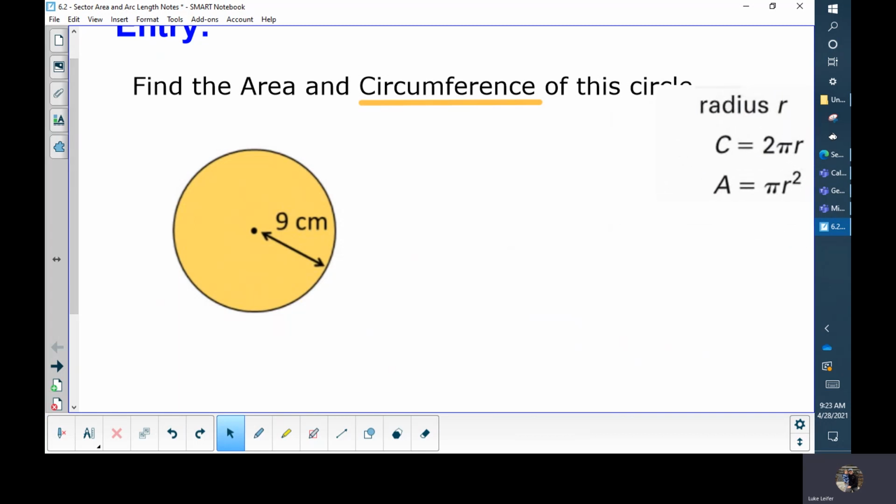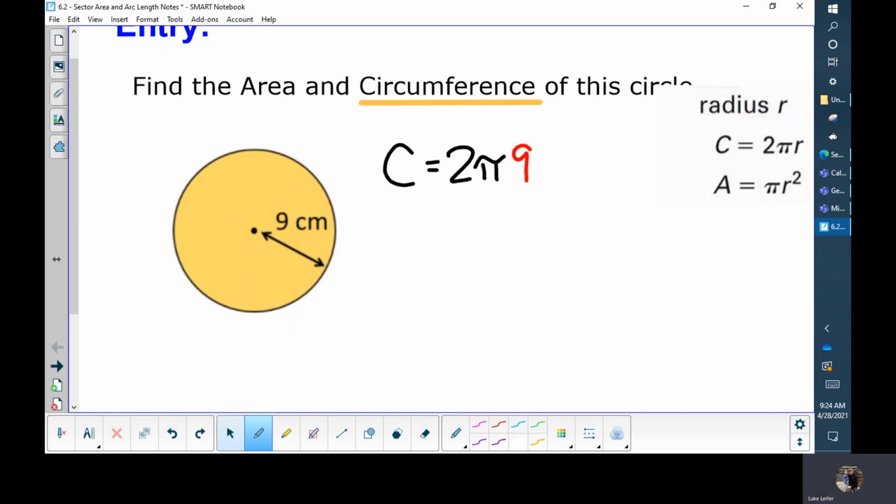I'm going to go like this so I can see my formulas. So big C equals 2 pi, and what is my radius in this scenario? 9, right? 9 centimeters. Now, there are always two different answers: an exact answer and an approximate answer.